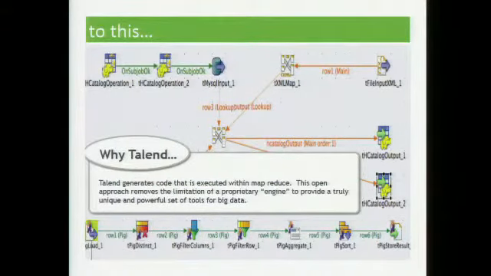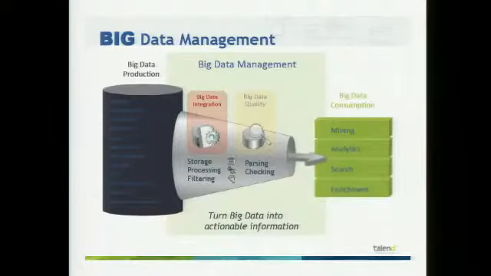And in fact, with Talend, you will just drag and drop some components to say, I want to deduplicate my data, I want to aggregate, I want to sort my data. And behind the scenes, Talend will generate code that is either pure Java MapReduce code or some Hadoop framework like Pig or Hive.